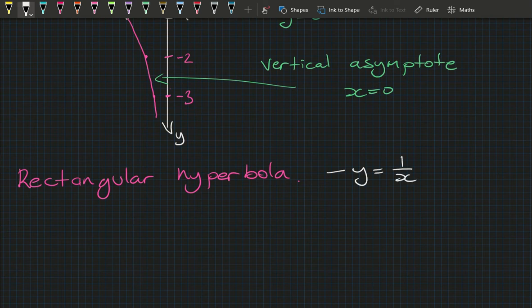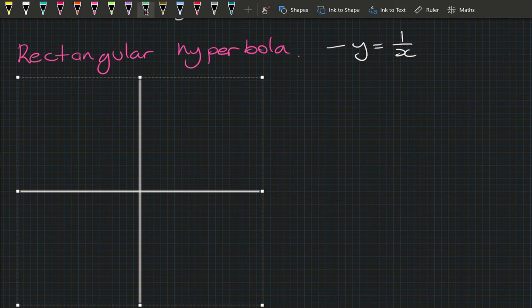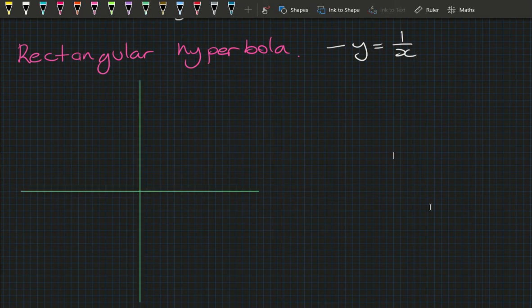So to demonstrate that, I'm going to draw these axes, but instead of calling this the y-axis, I'm going to make a point that it is actually x equals 0. And instead of calling this the x-axis, we're going to call it y equals 0. So when I draw these, the first thing I'm going to do is mark in the point 1, 1 and -1, -1.